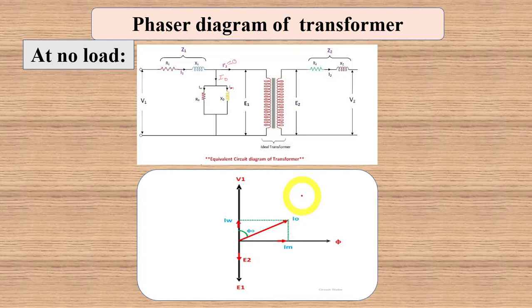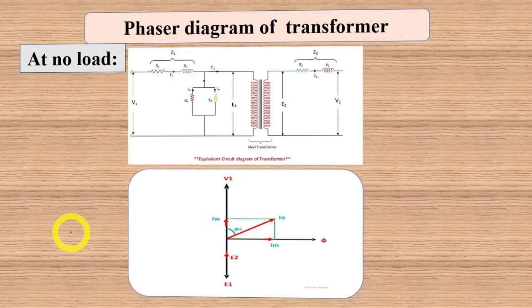This current is about 2% to 5% of the full load current. We break the no load current into two components: IM, the magnetizing current, and IW, known as the iron loss equivalent current.